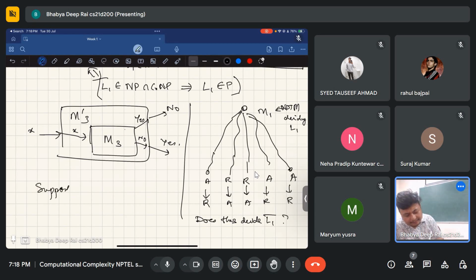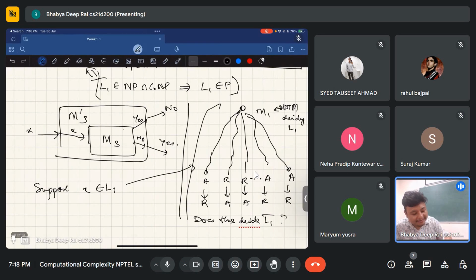Suppose X is in L1. This is the computational graph for it. On some paths it accepts, some paths it rejects. And this bigger machine is my M1 prime, which is supposed to decide L1 bar.